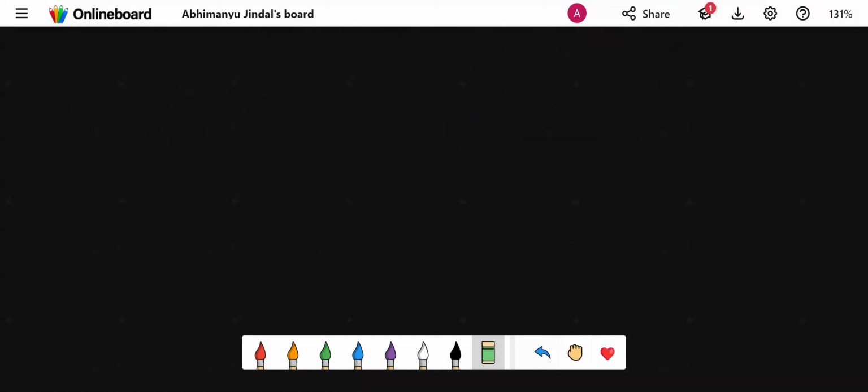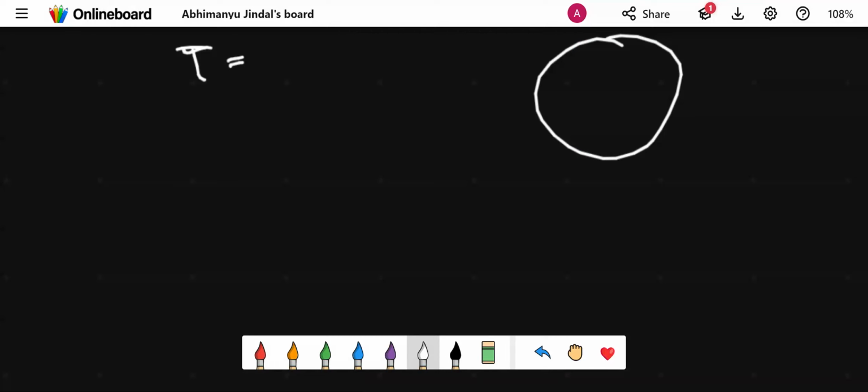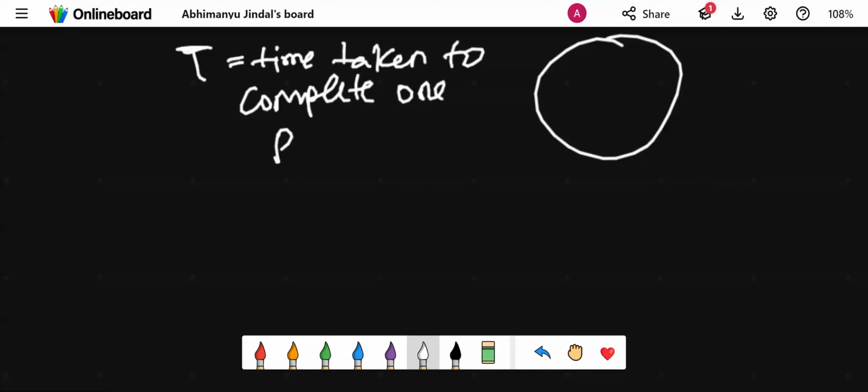Now comes the more important part, which is time period and omega. Time period is basically the time taken to complete one revolution. A lot of times they ask that if the time period is given, and you know that 2 pi is the whole circle, then find the omega.